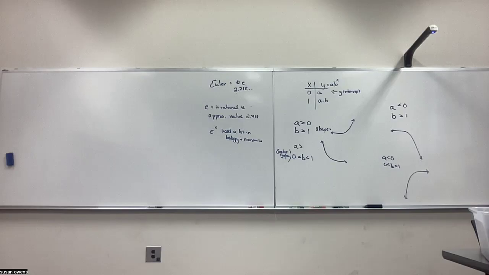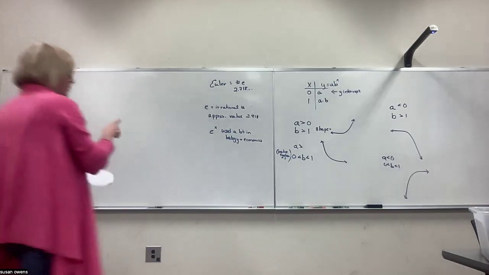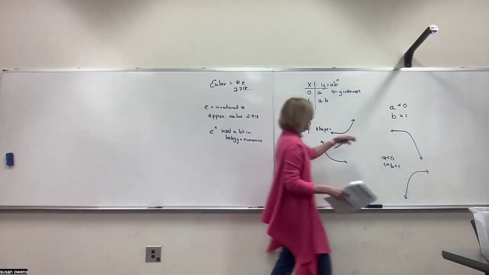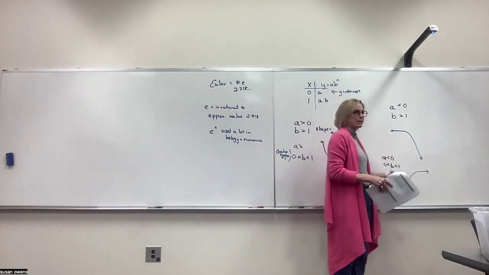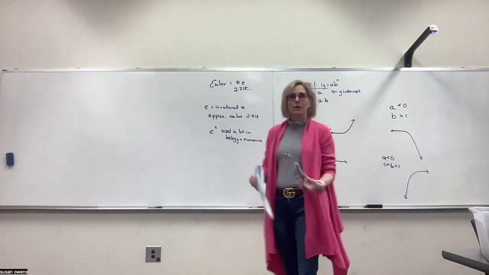So we get 4 general shapes. We have a growth, we have a decay, and then we have reflections of those over the x-axis.